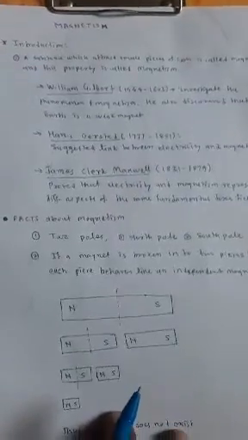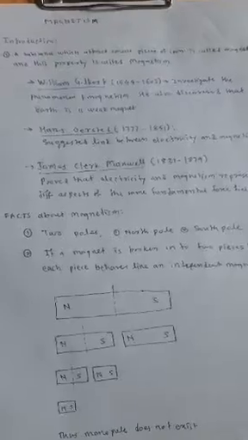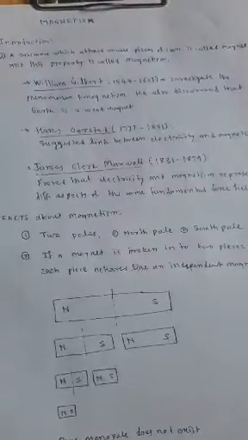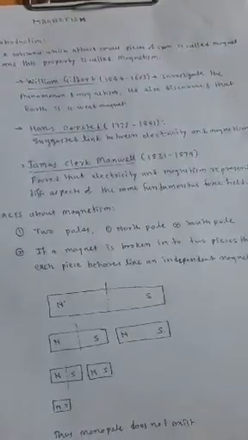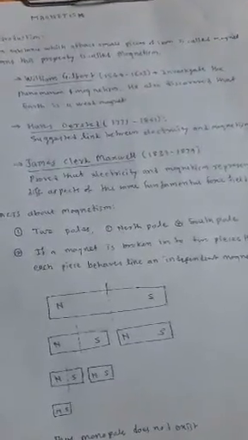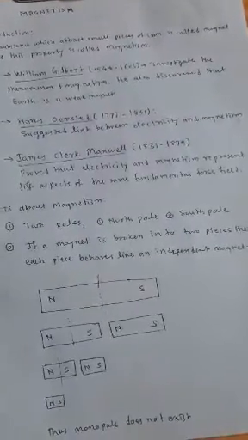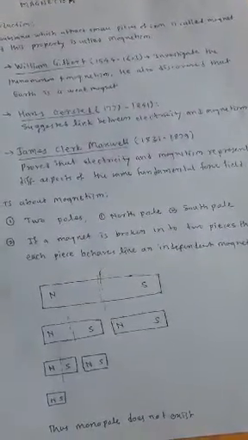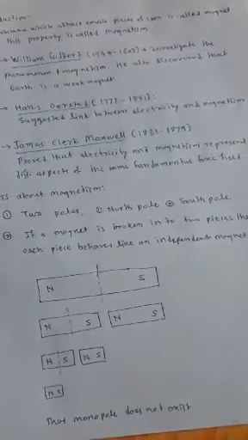We are very much familiar with magnetism and magnets. See some facts. We know that a magnet attracts small pieces of ferromagnetic materials like iron, nickel, cobalt.